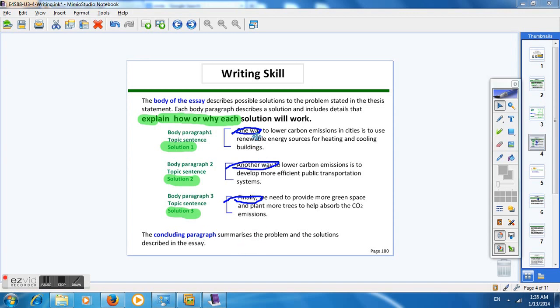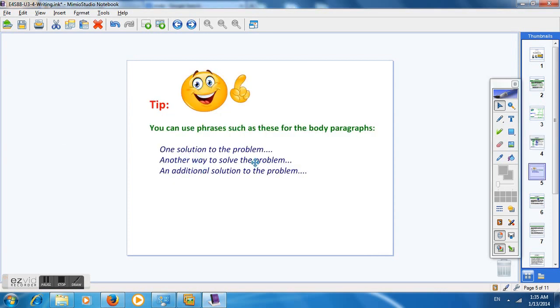So you have the keywords here. It says one way to lower carbon emissions, and then you have another way to lower carbon emissions, and finally we need to provide more green space and plant more trees. You can also have actually different keywords, okay?